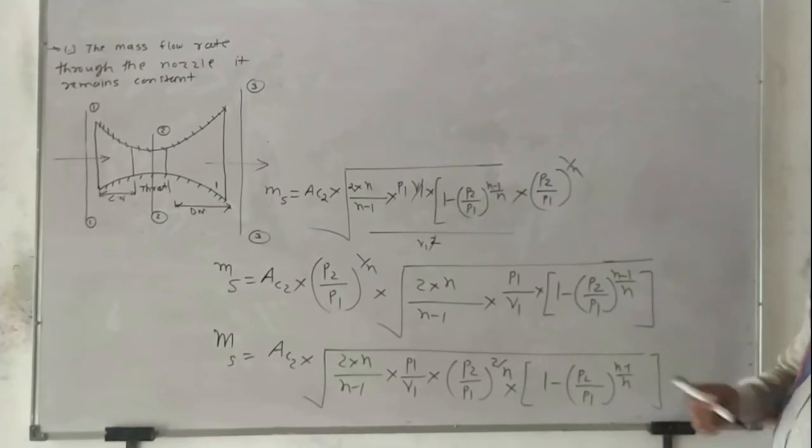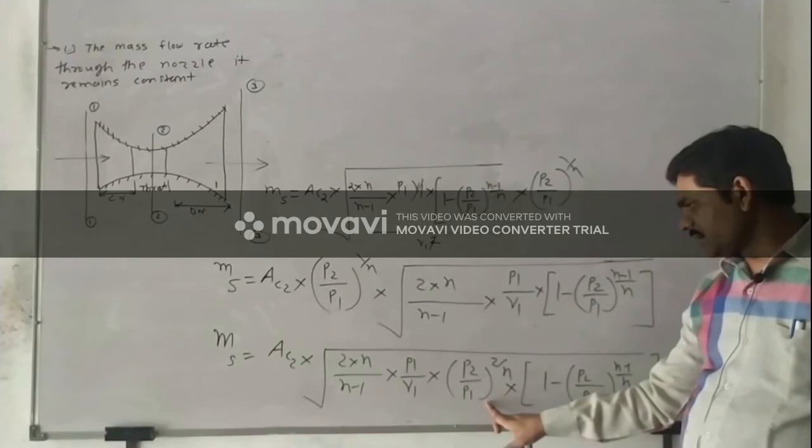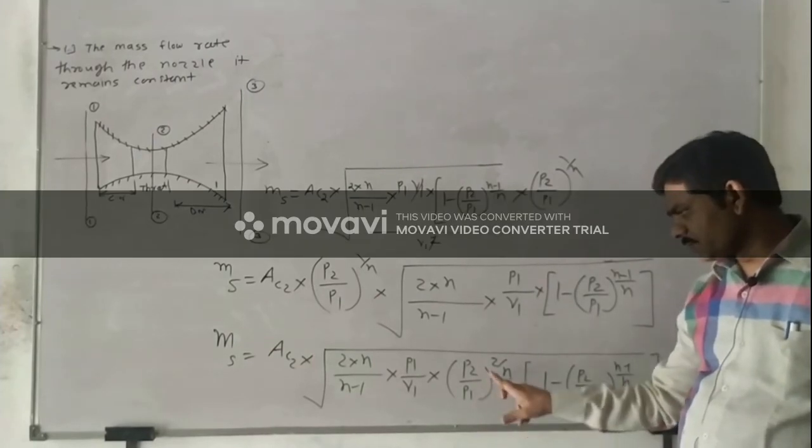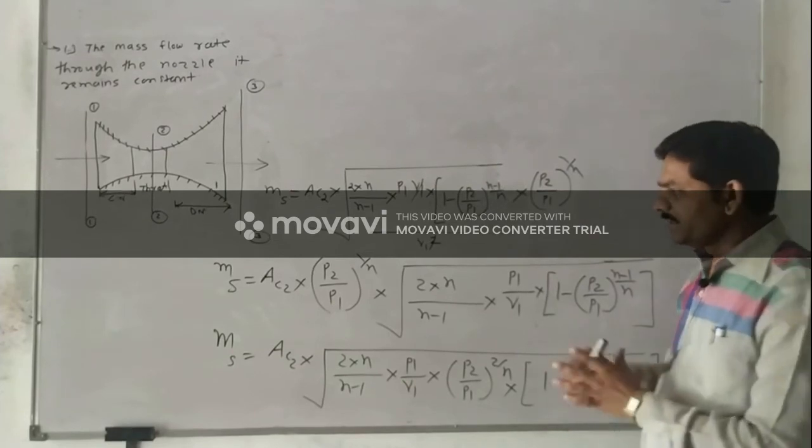Then what is later? After this, we have to multiply by this term, P2 upon P1 to the power 2 by n, with this bracket. So what do we get?